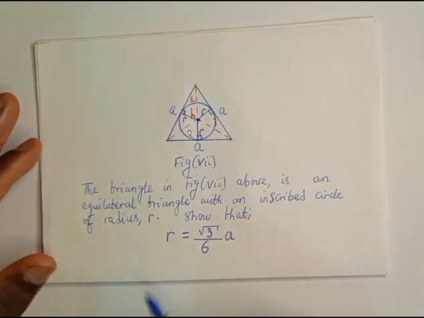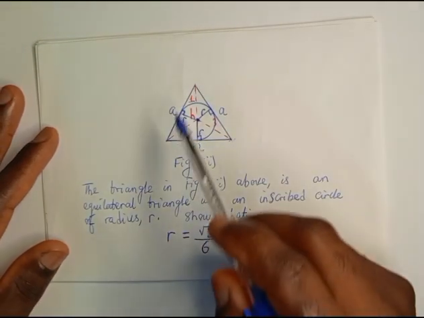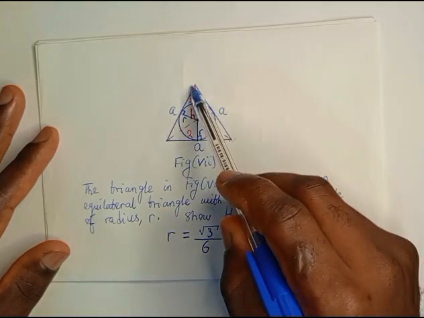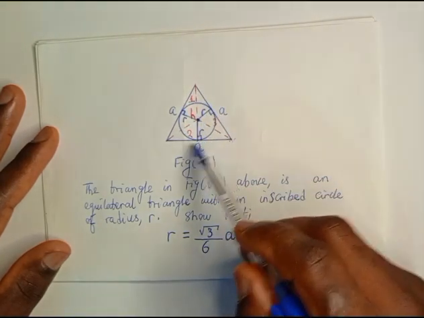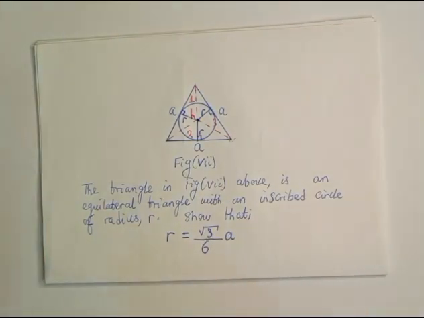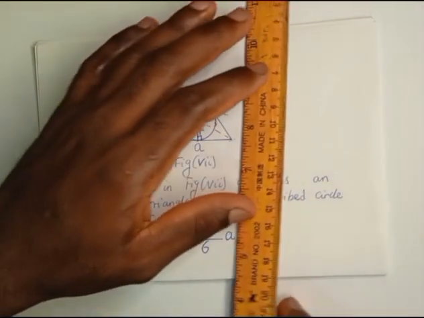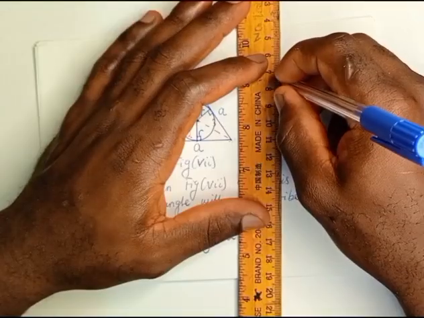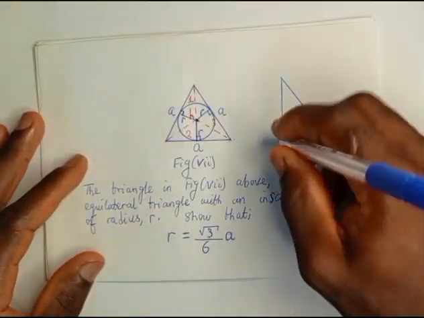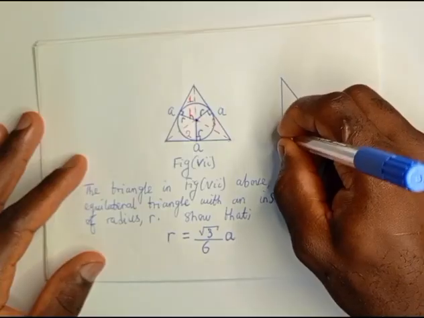Now what we are going to do is extract this right angle triangle. Since this line is a perpendicular to this other line, extracting it, we are going to obtain a right angle triangle of this form. I'll draw it by this side. This angle is 90.